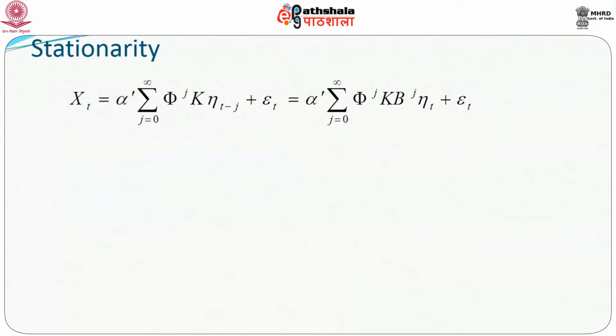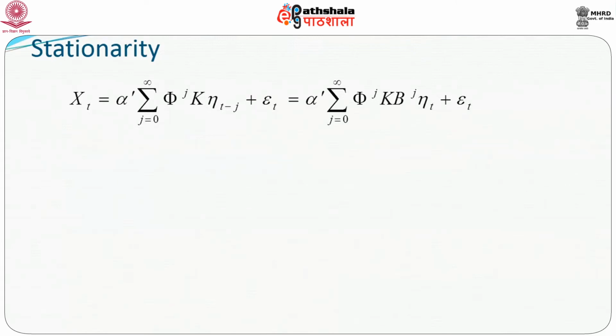Now, if you look at x_t, that is the first equation, and if we substitute the w_t from the state equation in this, and remember that w_t depends on w_(t-1), which again depends on w_(t-2), etc. So, if we keep on substituting this, what we ultimately land up with is x_t = alpha' summation j = 0 to infinity of phi^j K eta_(t-j) + epsilon_t.